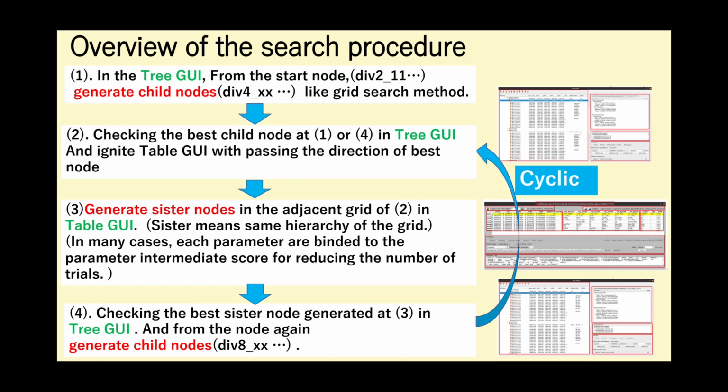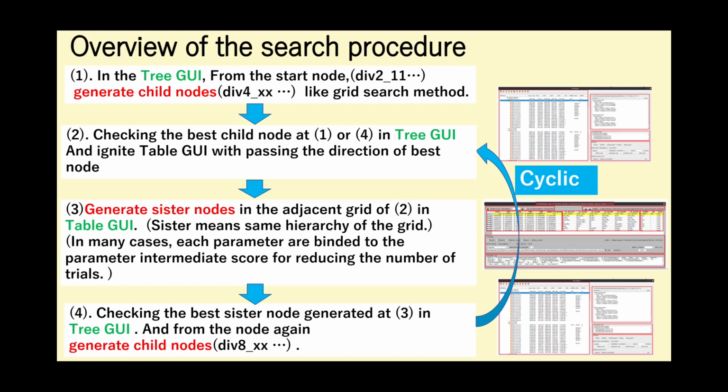Overview of the search procedure. In the tree GUI, from the start node, generate child nodes, like the grid search method. Check the best child node in the tree GUI and ignite the table GUI, passing the direction of the best node.